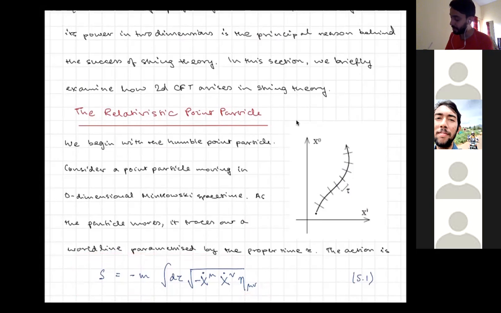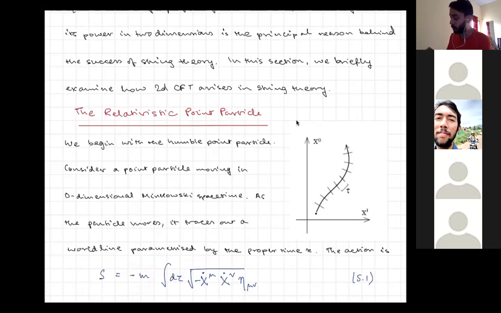So x^mu is the position of the particle. The dot signifies derivative with respect to tau. Eta_mu nu is the spacetime metric, which is flat, and you have a minus m out here.